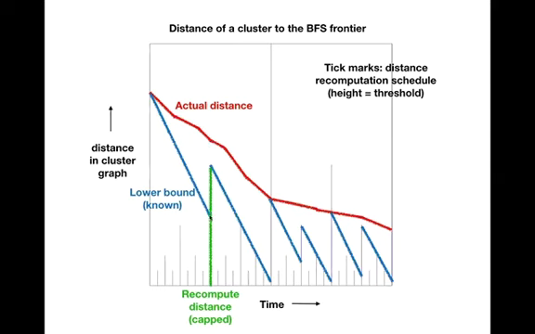Instead, I'll recompute whether it's actually bigger than this threshold that is prescribed for that time step. Okay, so now my lower bound has gotten smaller than the threshold. So I wake up and I recompute, and I find that my actual distance is actually bigger than the threshold. So I set my new estimate to be this threshold, and I go back to sleep. And as time goes by, my lower bound keeps decreasing.